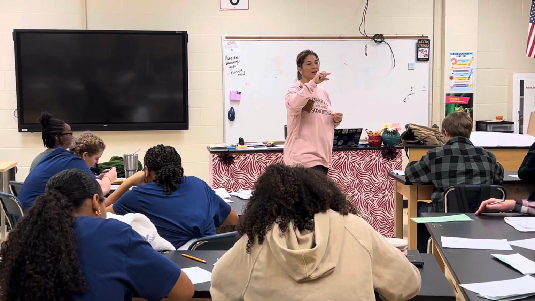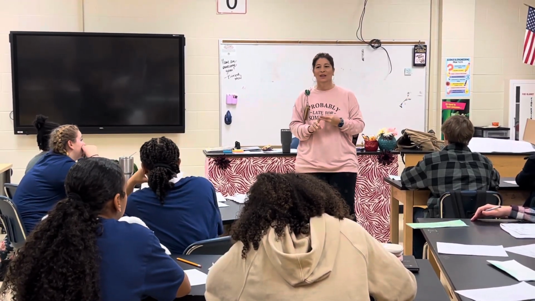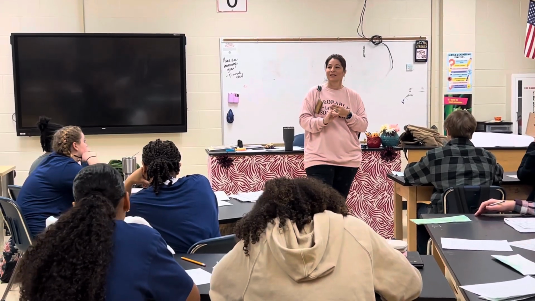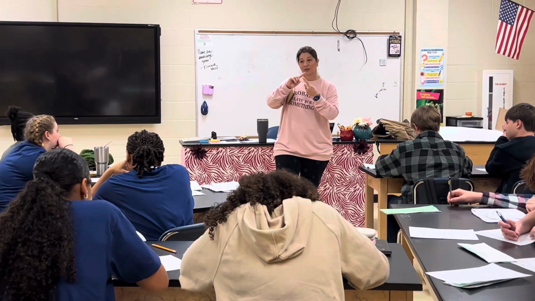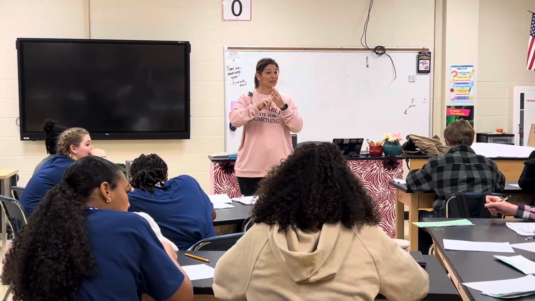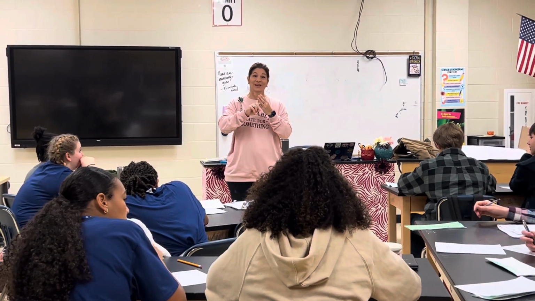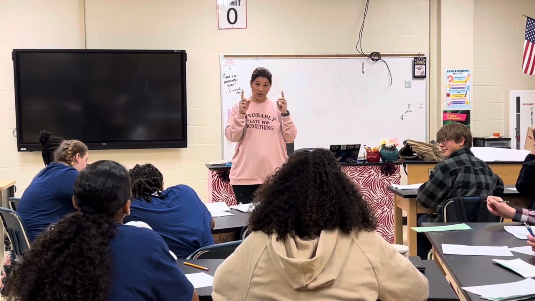Theodor Schwann. Who was the first one? He looked at cork and saw these cells. Robert Hooke. Okay, so we have Schwann, Schleiden, Hooke. There was a Van something, and his name was really long.